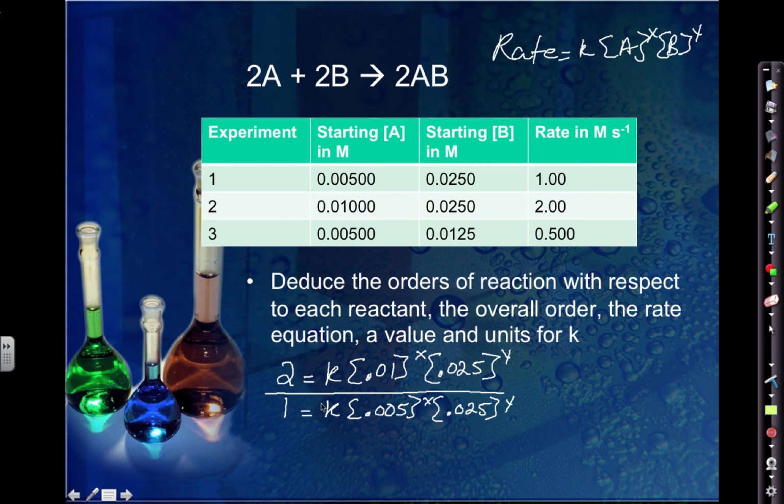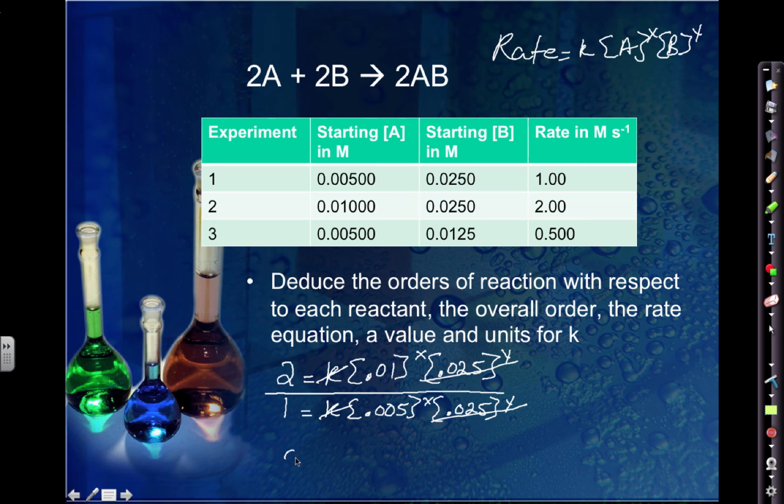So anything that's the same on the top and the bottom will cancel out. Well, K will be the same, so I can cancel that out. And 0.025 to the Y power on the top and the bottom will be the same number. I can cancel the whole thing out there. What I cannot cancel is this, because it's not the same on the top and the bottom.